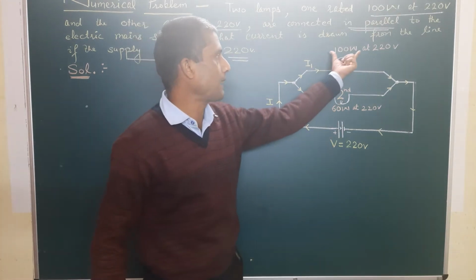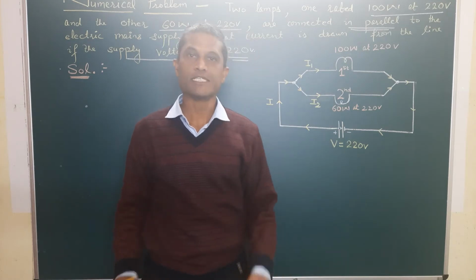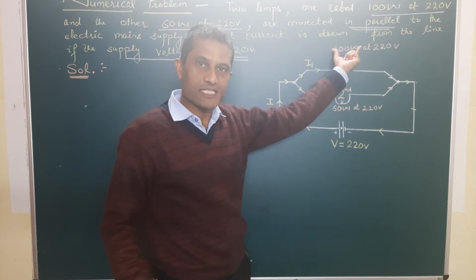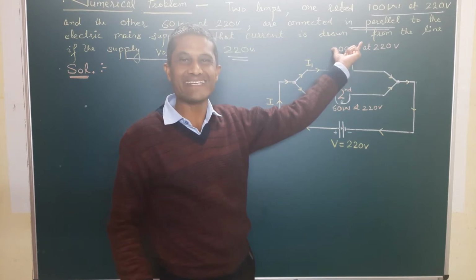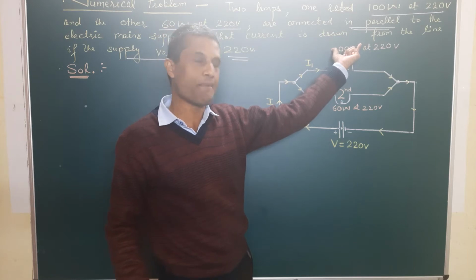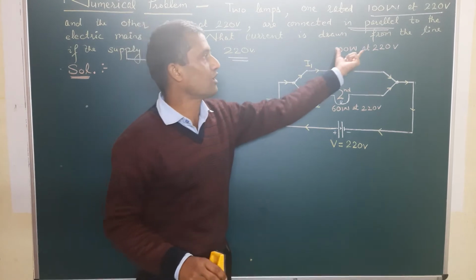For example, the power rating of this bulb is 100 watt at 220 volt. This means that this bulb will consume 100 joule of energy in 1 second when it is subjected to 220 volt. That is known as the power rating.